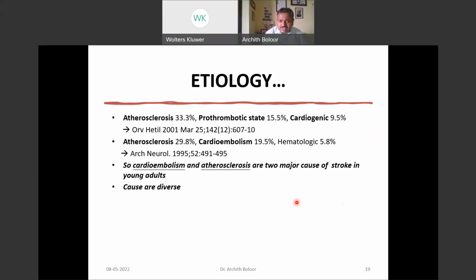Atherosclerosis, early atherosclerosis, or patients on drugs like oral contraceptive pills, or polycythemia due to whatever cause, you could still get thrombosis. Very important to understand, the pathophysiology of both of them would remain the same, but the etiology is different.